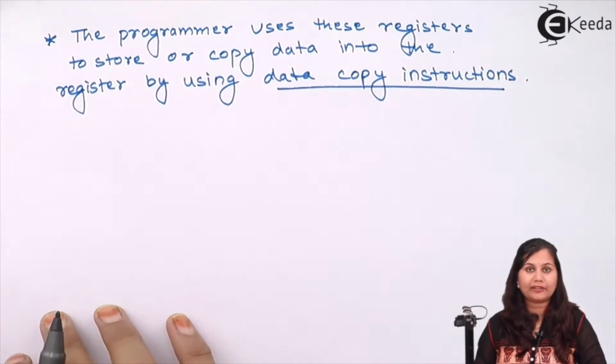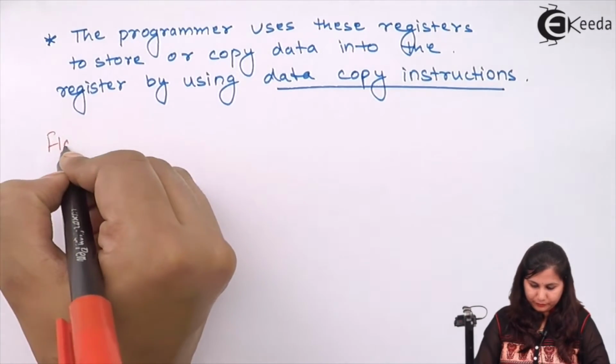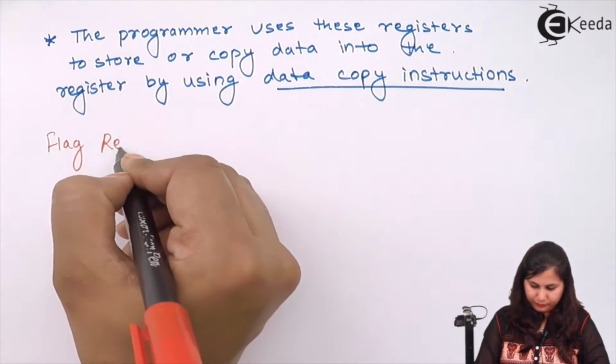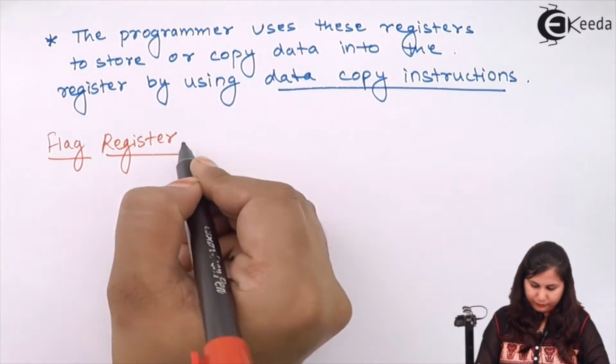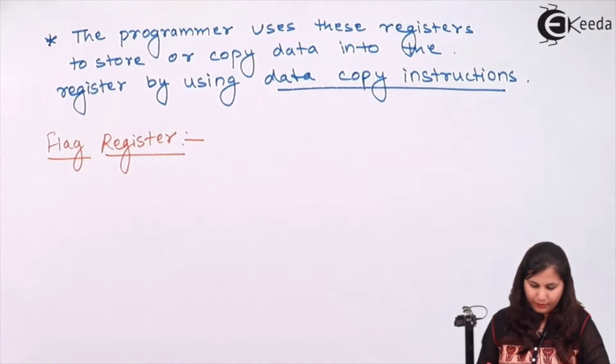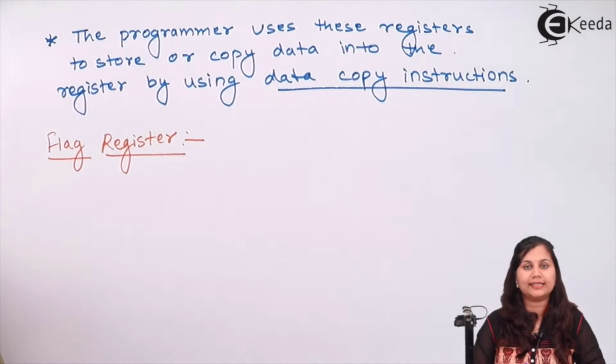Then we have the flag register. The flag register consists of 5 flip-flops, or we can say there are 5 flags in the 8085 microprocessor.